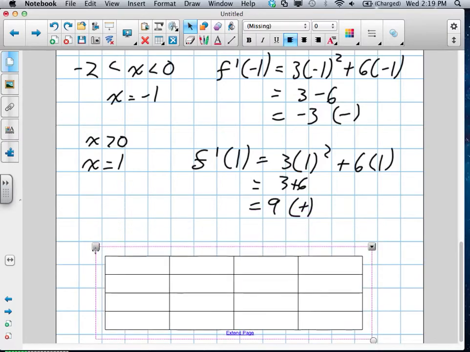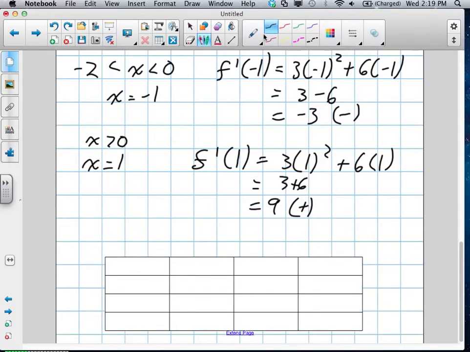Okay. And the chart they've made here, what they do is the value of x. And when we're talking about this, we're talking about when x is less than -2, which we talked about. When x is between 0 and -2. And finally, when x is greater than 0.